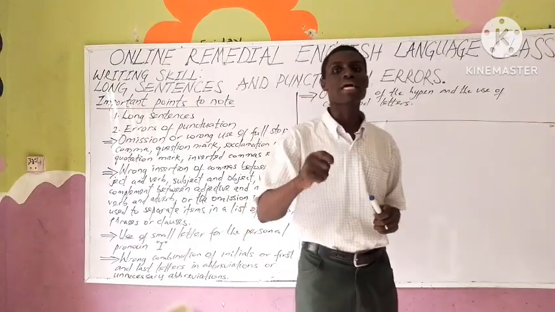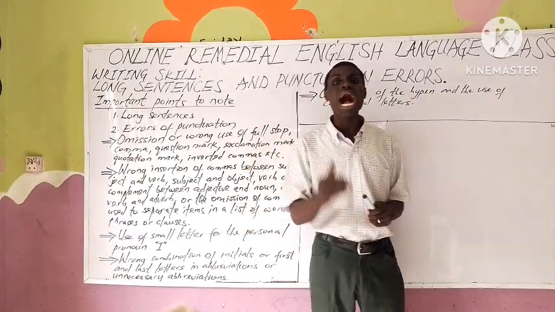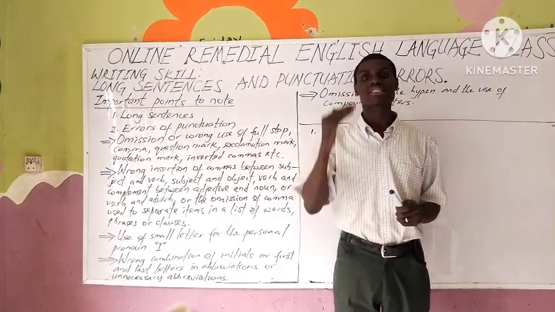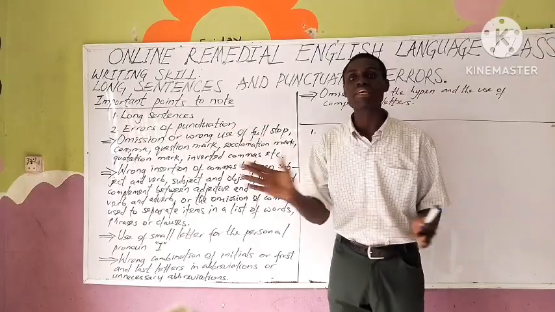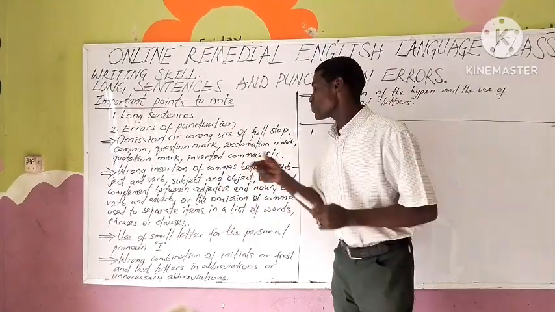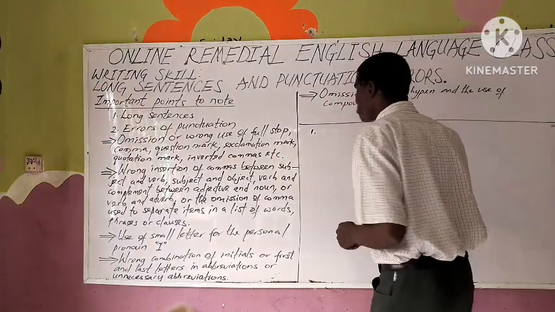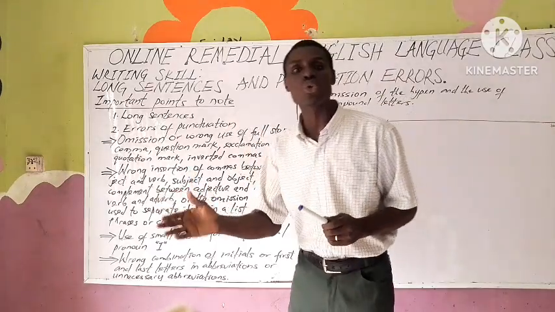Many students, many candidates don't always know how to end their sentences. In fact, some don't even end their sentences at all. You see them, they write from paragraph 1, line 1, moving to line 2.